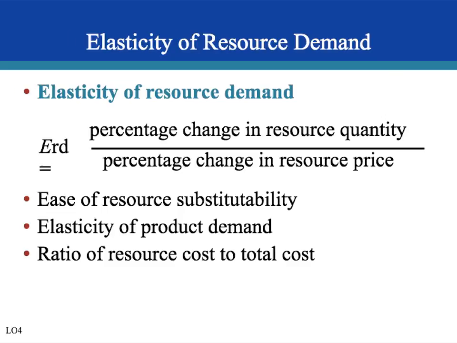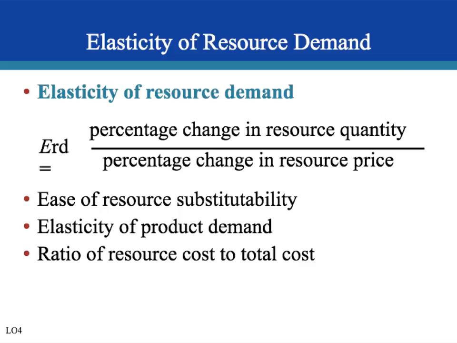Or let's say a widget can be used producing either natural resource A or natural resource B. If natural resource A goes up in price and natural resource B stays the same in price, then since they both suffice to produce the widget, then the demand for natural resource A would be elastic, sensitive to price changes, since the firm can just easily substitute natural resource B. And if the resource doesn't have any close substitutes, then the demand for that resource would be inelastic.